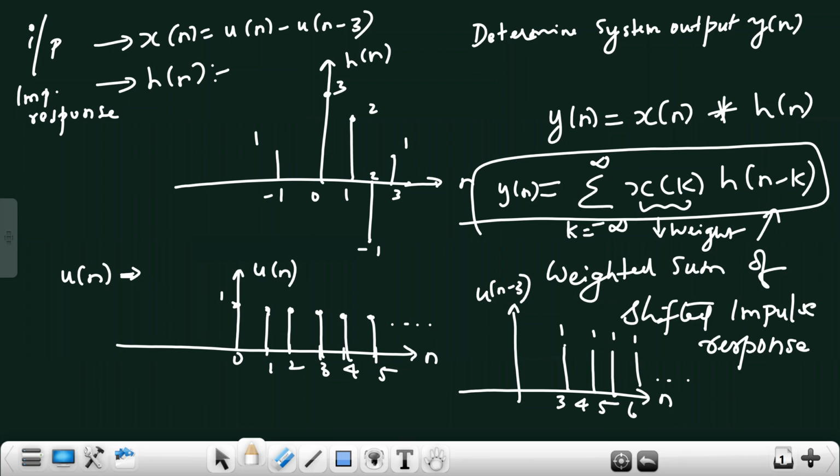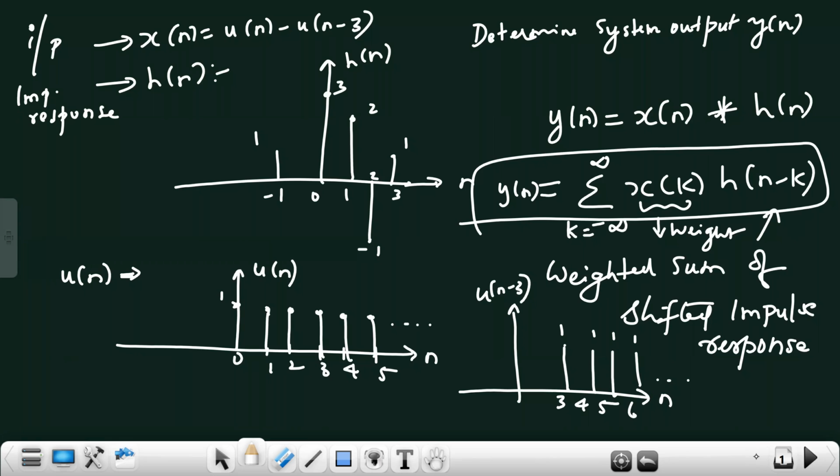When you subtract u of n minus 3 from u of n, it is understood that the samples from 3, 4, 5 up to infinity will get subtracted. That is, it will become 0 because 1 minus 1 is 0. Isn't it? The samples starting from 3, 4, 5 are the same for both u of n and u of n minus 3.